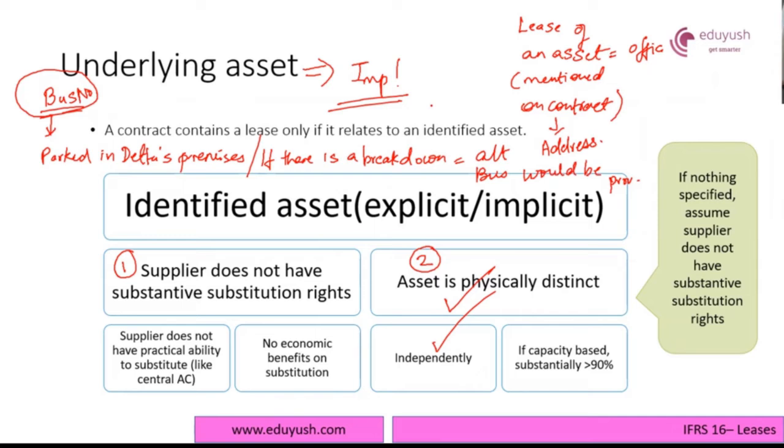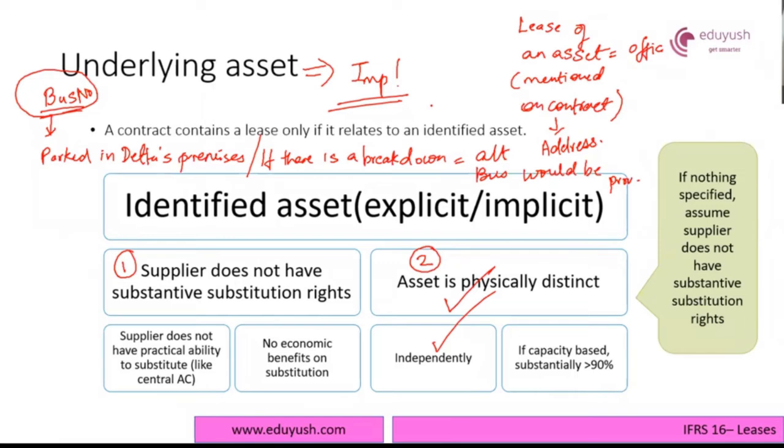If you're going to get more rent by giving the bus which you normally give to Delta on that particular day, and give Delta a lower grade bus, automatically it means that the bus company has substantive substitution rights. So then you cannot call that bus an identified asset. If you're going to say something is an identified asset, first it should be physically distinct. Second, there should be no economic benefit from substitution of that bus.